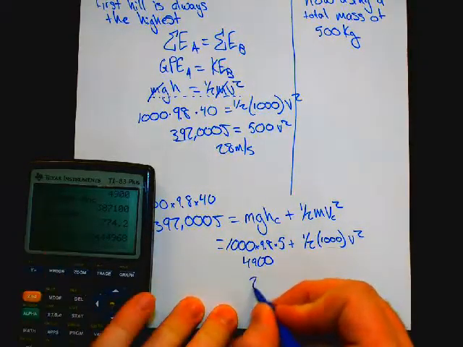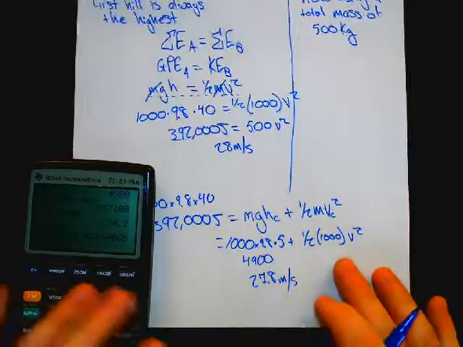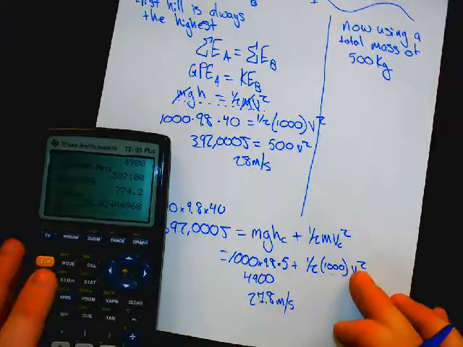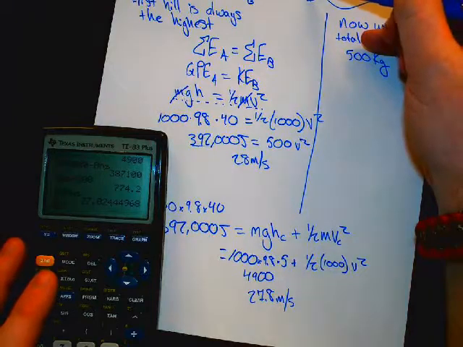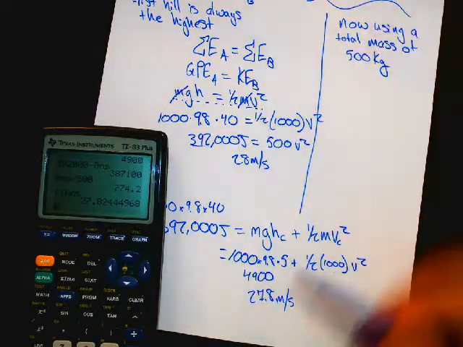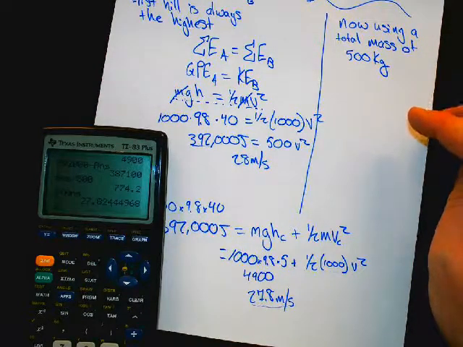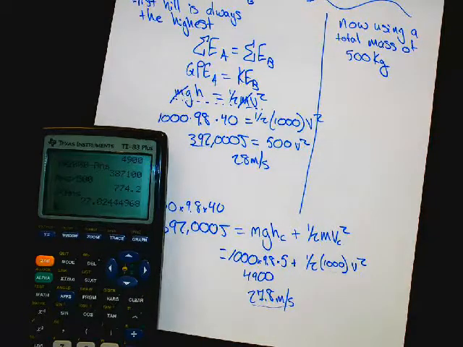And I'm going to get 27.8 meters per second. So not dramatically different compared to the very bottom here. Correct? Did you guys also get 27.8? Do we have different answers?